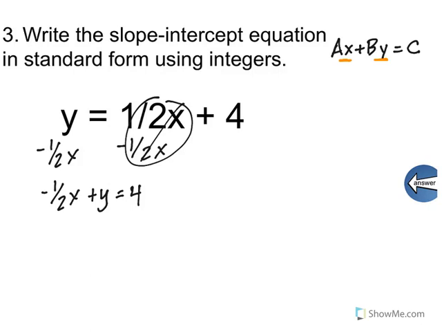Okay. Here we have to check some things. So remember that a cannot be negative, and a, b, and c must be integers. And so because a is negative, we would need to multiply everything by -1.